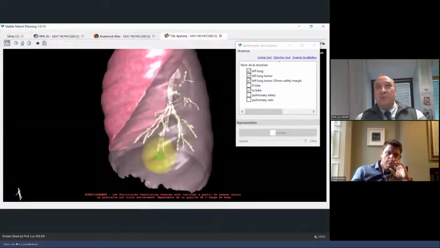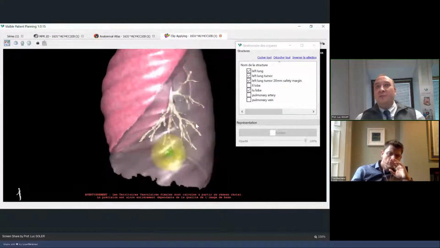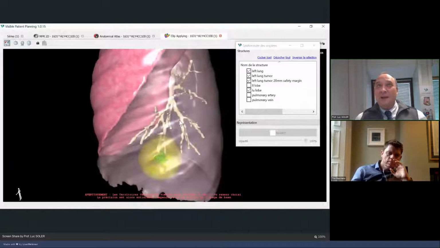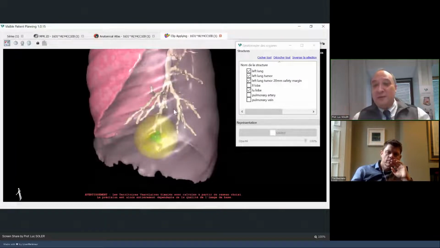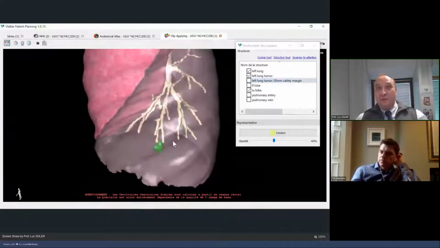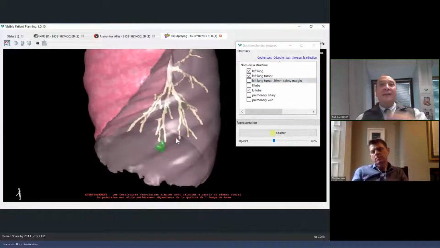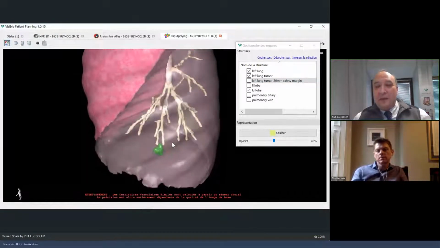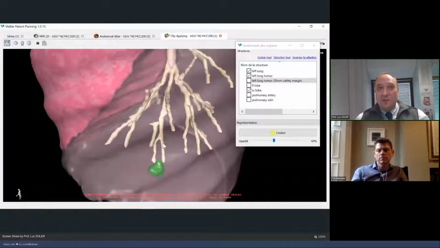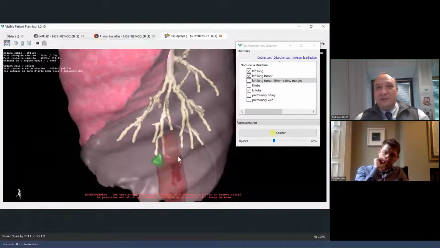And if I put a clip with my software, I will immediately see the territory associated to each branch. And it is really the main difference between Visible Patient's solution and any other solution, because I can put this clip anywhere. For instance, if you want to clamp only this branch, I can do it, and I will see immediately the associated territory.